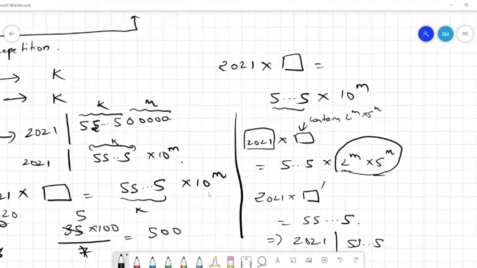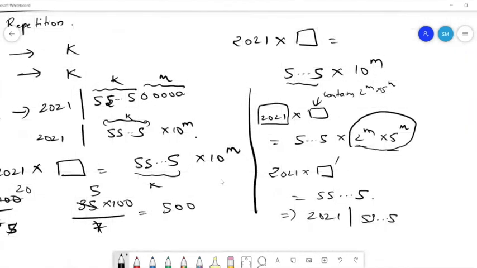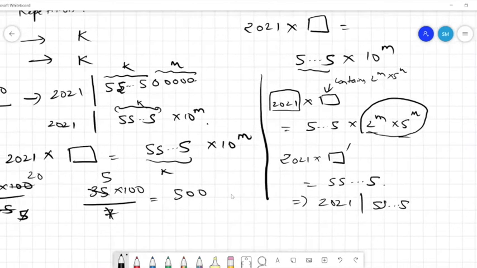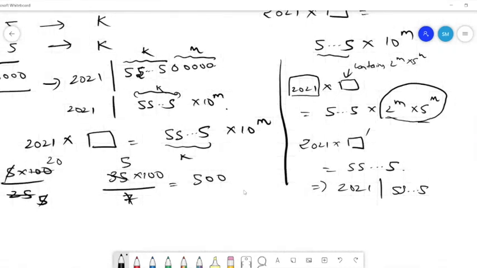This is one way of seeing it in the form of prime factorization. So we can say that 2021 and the power of 10 are co-primes.